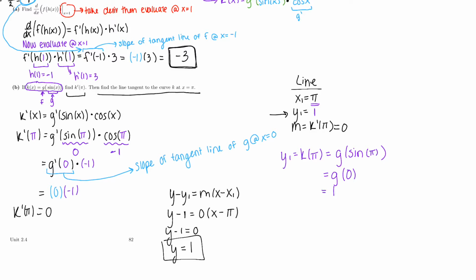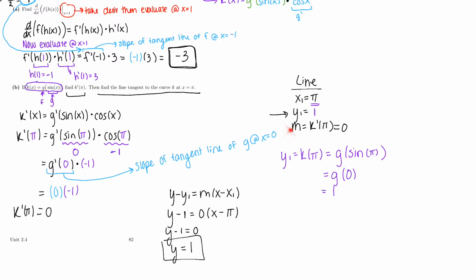So there's a lot of steps there. It's quite a few steps, but you're taking that derivative definition of chain rule and then just applying it, and remembering all the things that we've already done in terms of finding tangent lines. You need a slope, you need an x and a y value. They gave us an x. For the y value, we just took the original function and plugged in pi, which was the x value.